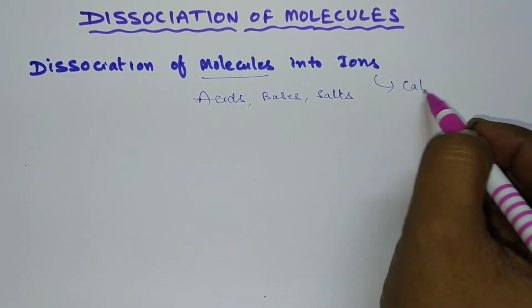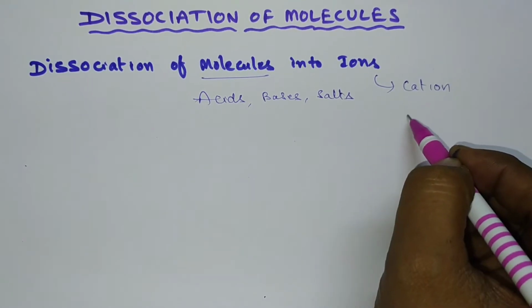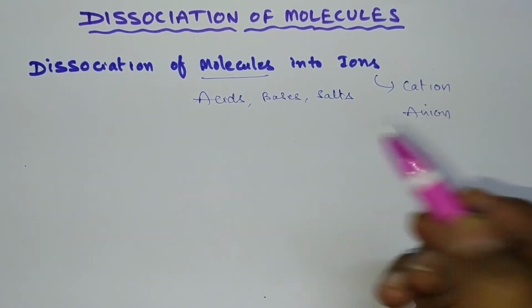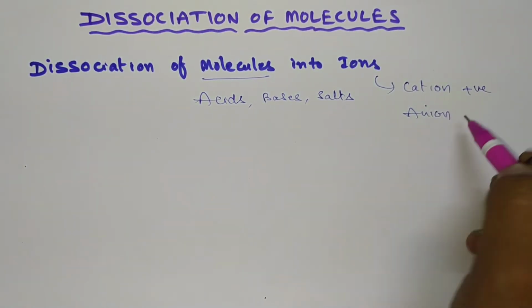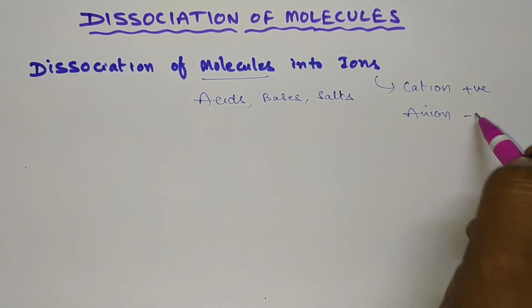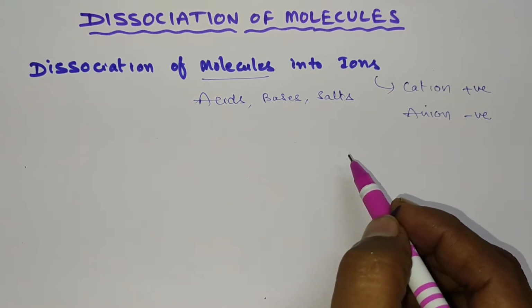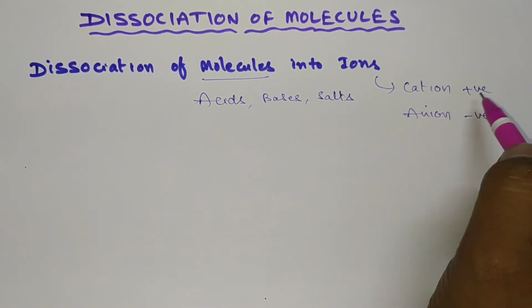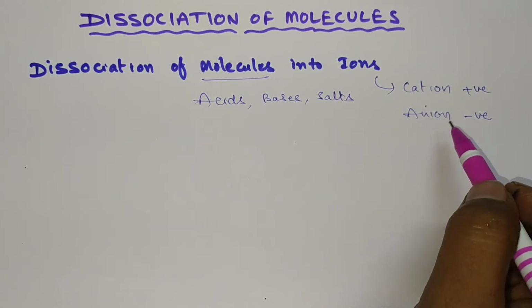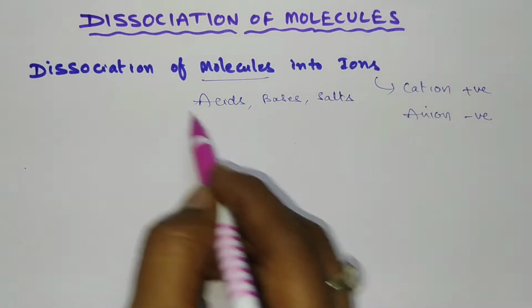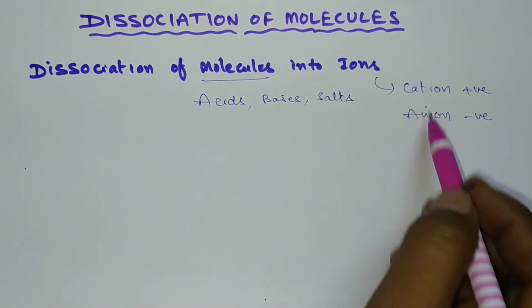The first one is cation and the second one is anion. The cation possesses positive charge, whereas the anion possesses negative charge. So, the positive species is called cation and the negative species is called anion. Now let us discuss how these molecules will dissociate to form these two ions.